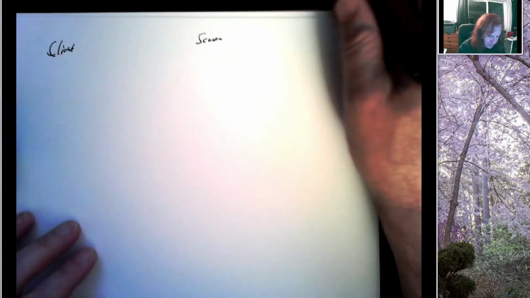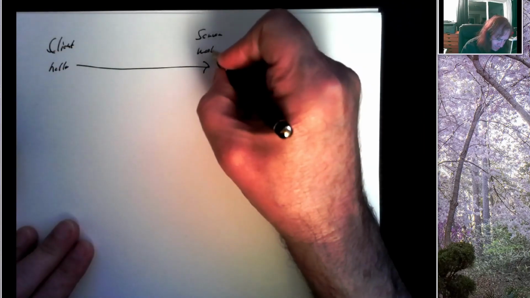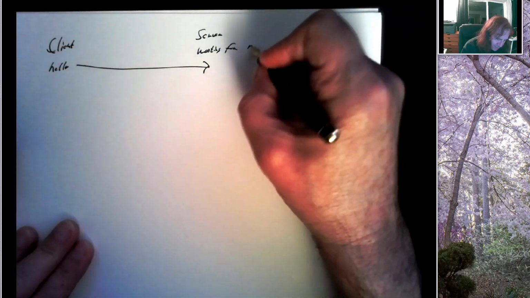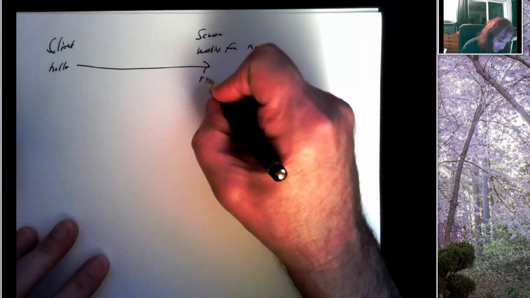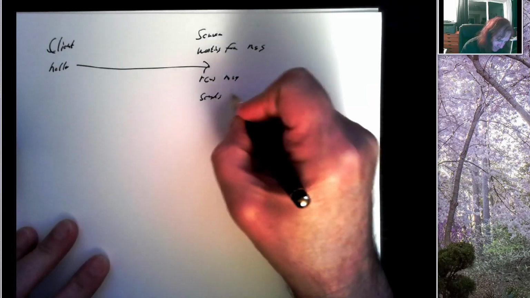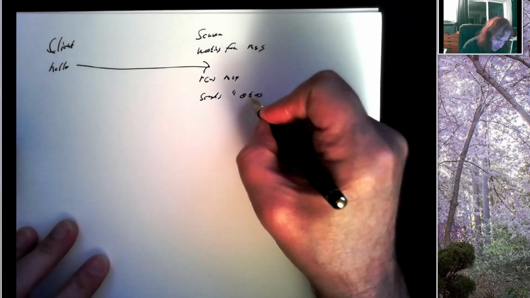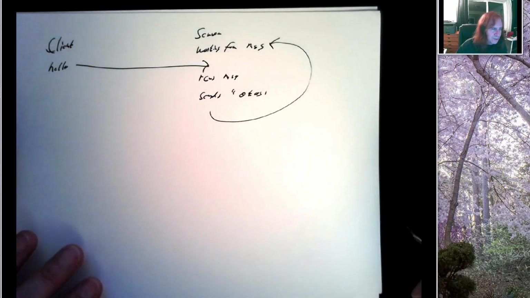So here's what our current setup looks like. We have a client sitting here, we have a server. And the client says hello and sends it over here, and the server is waiting for a message. The client says hello, the server receives the message, sends some sort of OK, and then it goes back up here and waits for a new message.